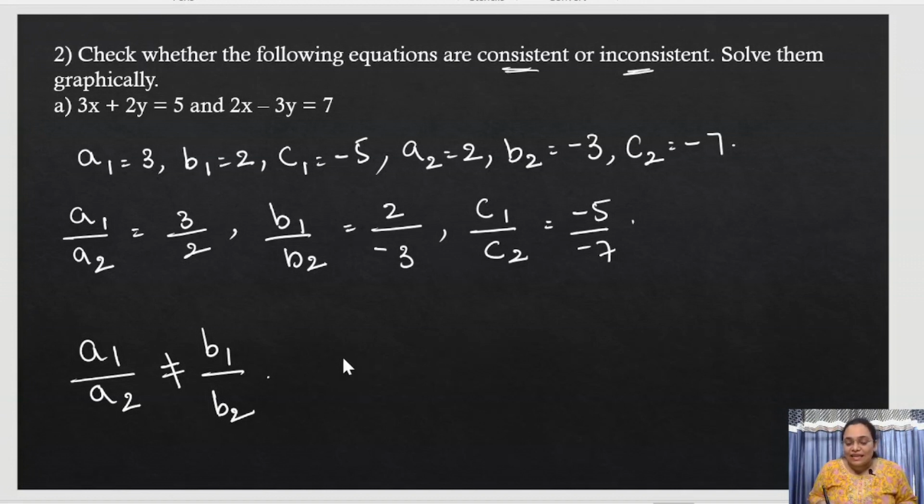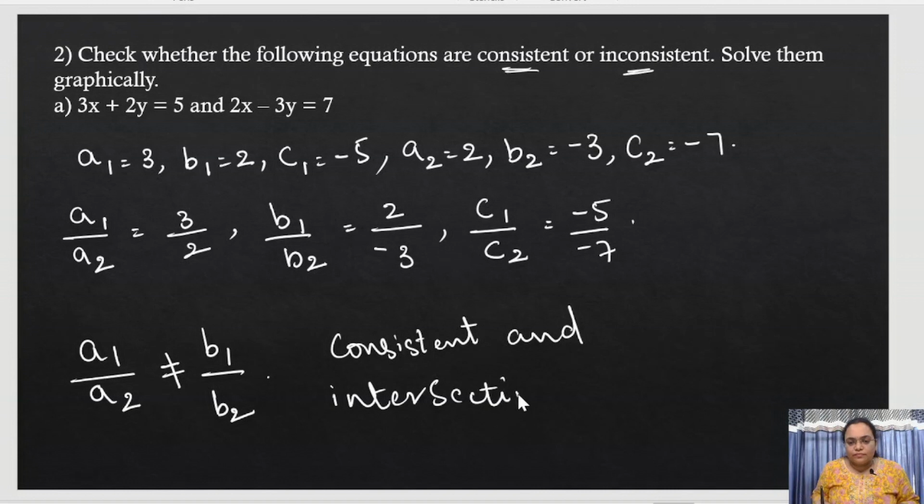Right? So we can say that the pair of linear equations are consistent and they are intersecting lines. Correct?